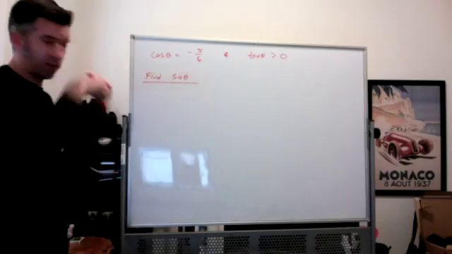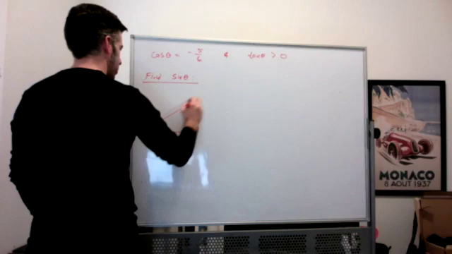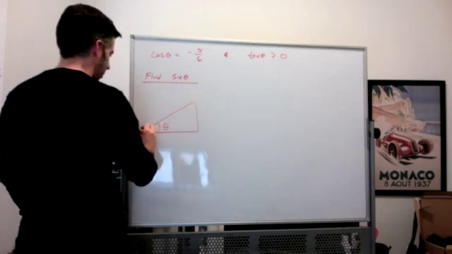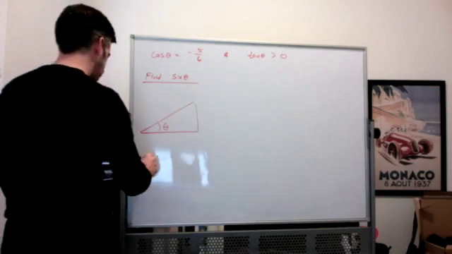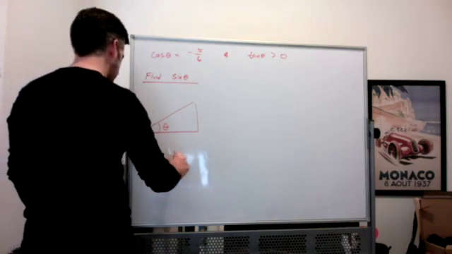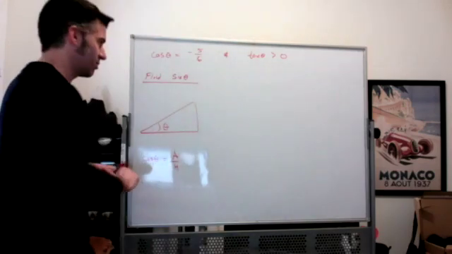Okay, so let's draw the triangle. And I know that cosine is adjacent over hypotenuse. So cosine of theta is adjacent over hypotenuse. I'm going to say it's positive 5/6, even though I know it's really negative.